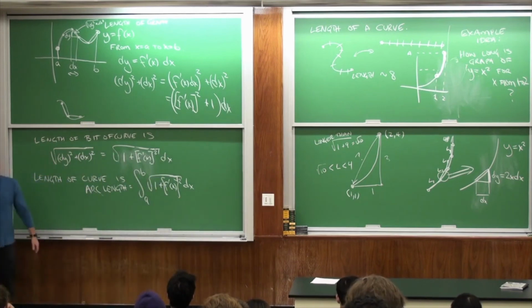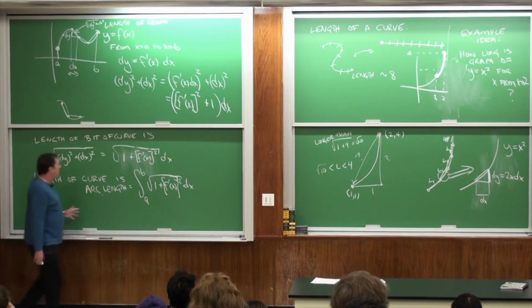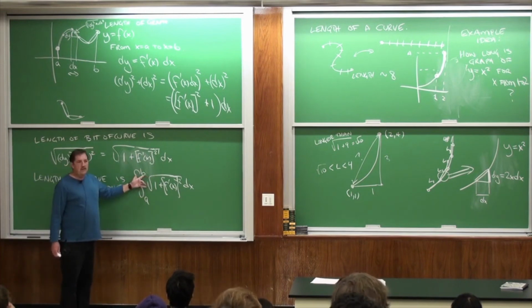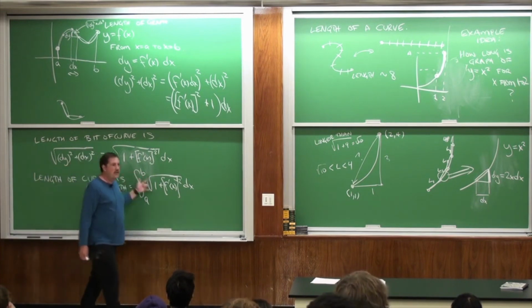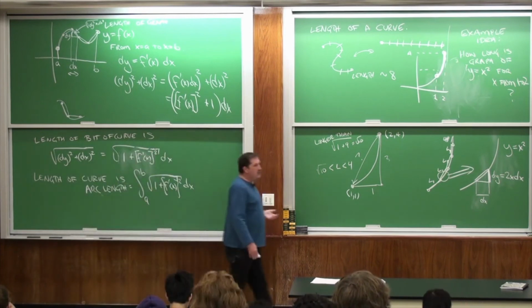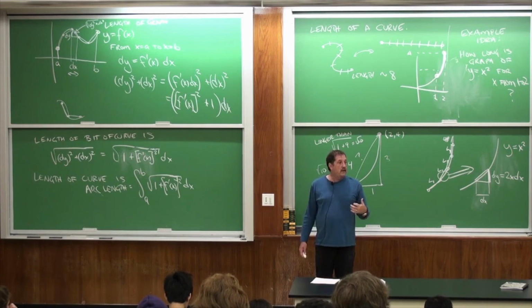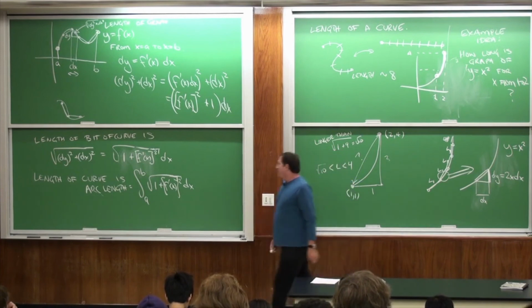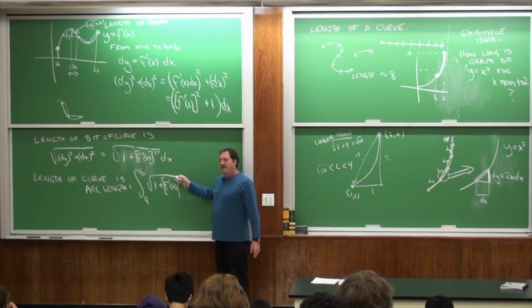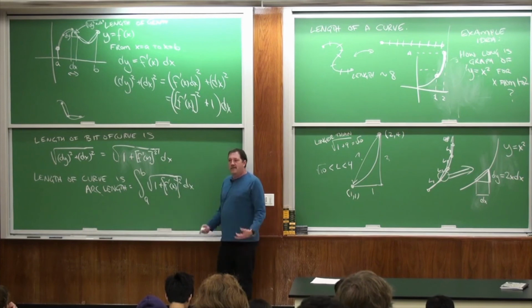So this is not hard. The only problem with this is almost always these integrals really suck. They're really hard to do. In fact, most of them you can't do directly. You have to do them numerically, because square roots are awful, and when you put a 1 in there, it makes it worse.